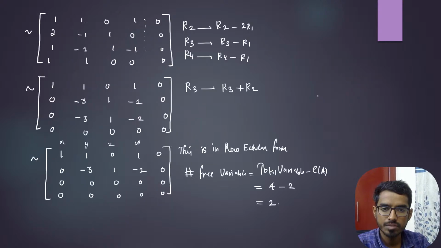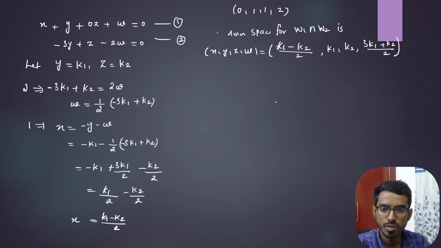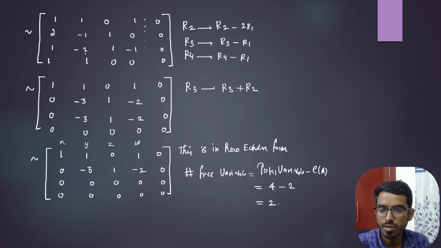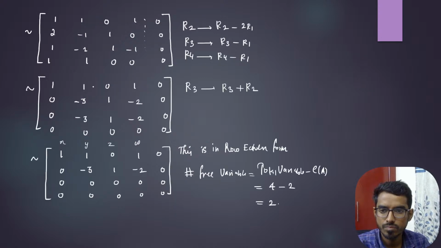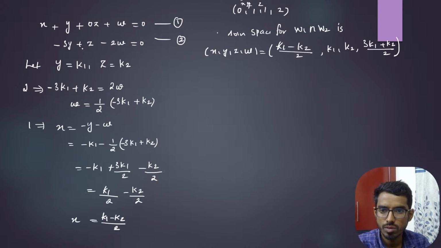And then we have x plus y plus w. W is minus 3k1 plus k2.